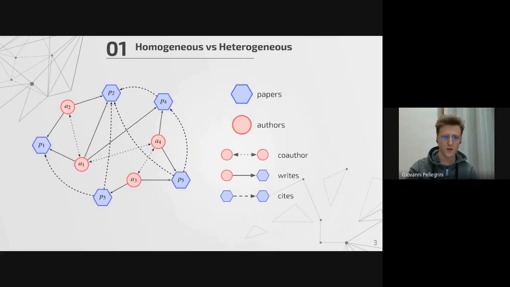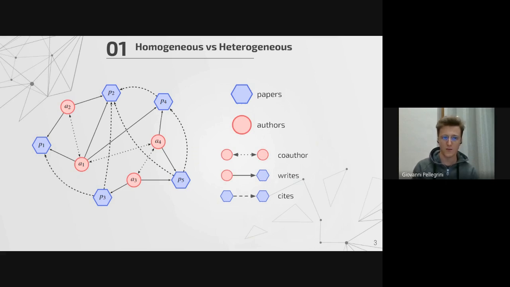If we break it down, the circles represent authors in this domain. The hexagons represent papers. These are the two types of nodes in our graph.